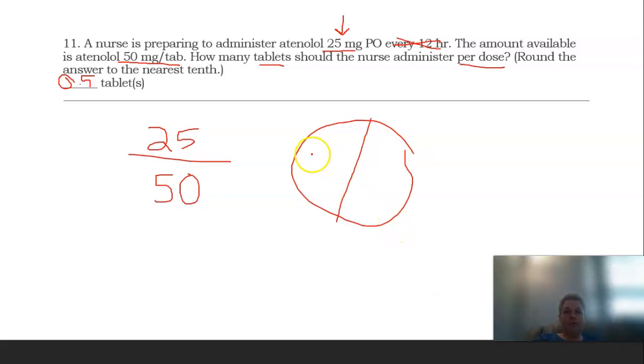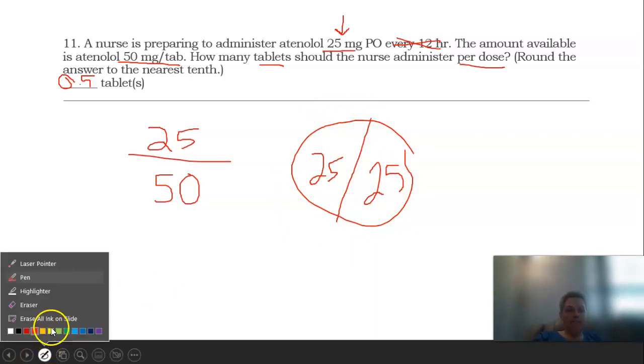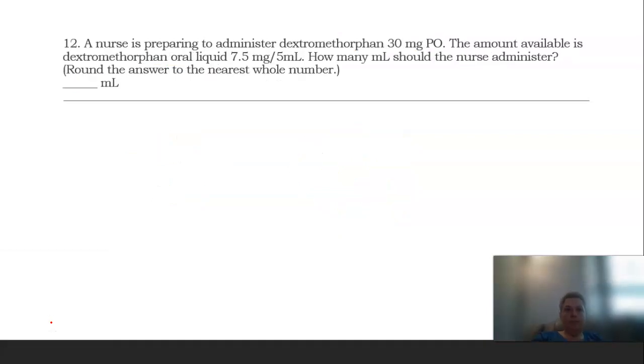So if this is 25, and this is 25, then I can split that pill right down the middle. That's a 50 milligram tablet. So look in your hand and ask yourself, how much am I giving? Is this a per day or is this a per dose? This is a per dose.